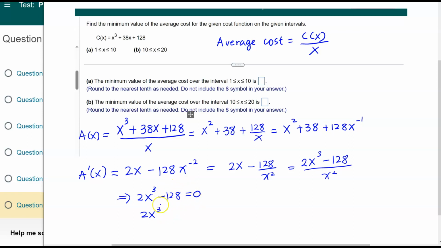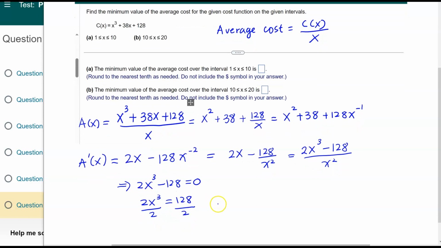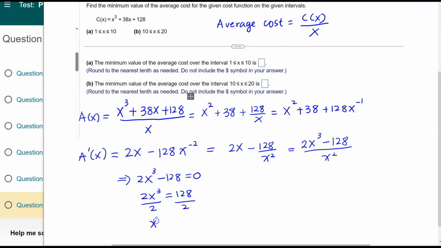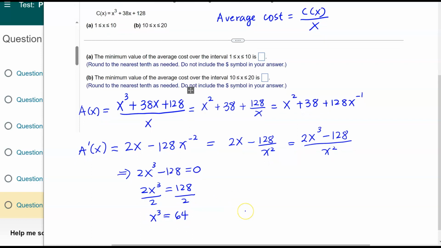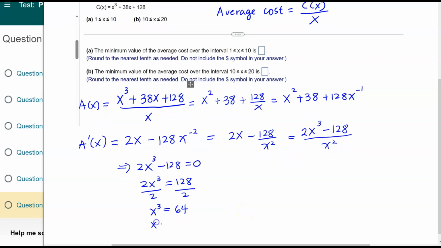You add 128 to both sides, so that makes it 2x cubed equal to 128. Divide this by 2, and that gives you 64. So x cubed is equal to 64. Therefore, x is equal to 4. You take the cube root of both sides.